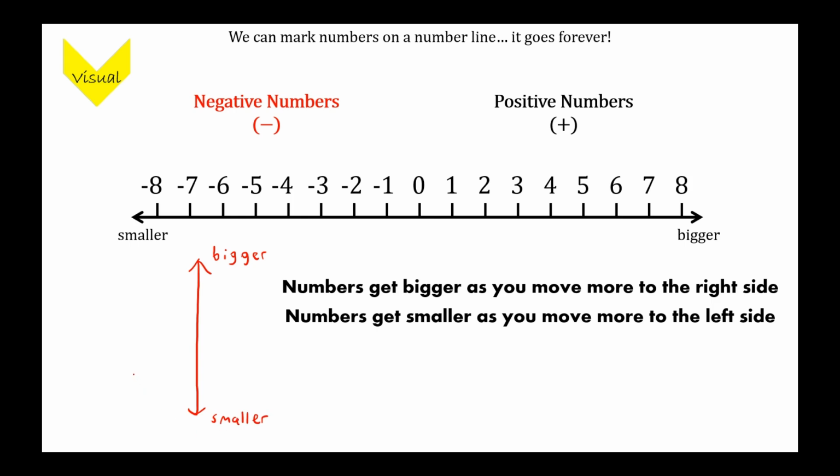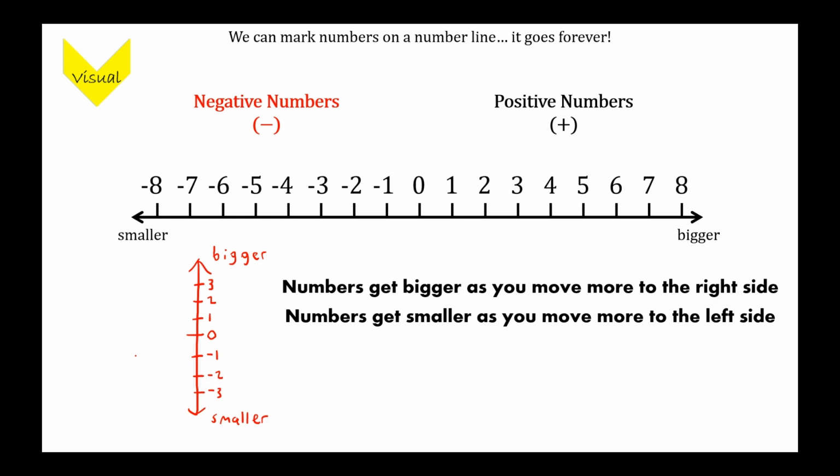Think of it like sea level. As you move up, you're getting above sea level, and as you move down, you're getting below sea level. So 0 is your neutral point, and as I move up, my numbers are getting larger, and as I move down, my numbers are getting smaller.